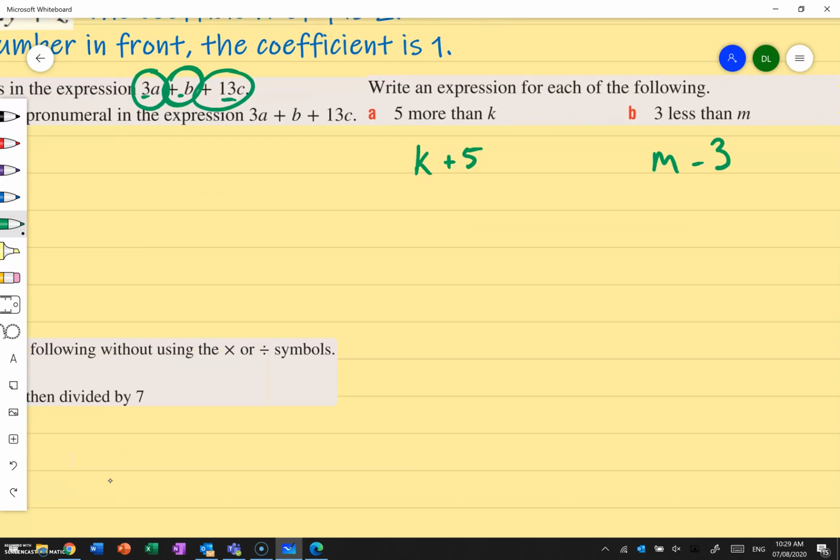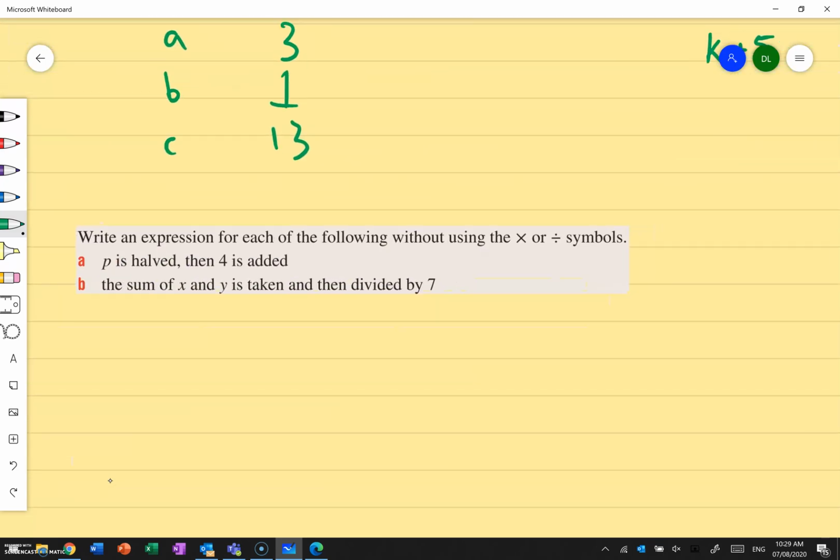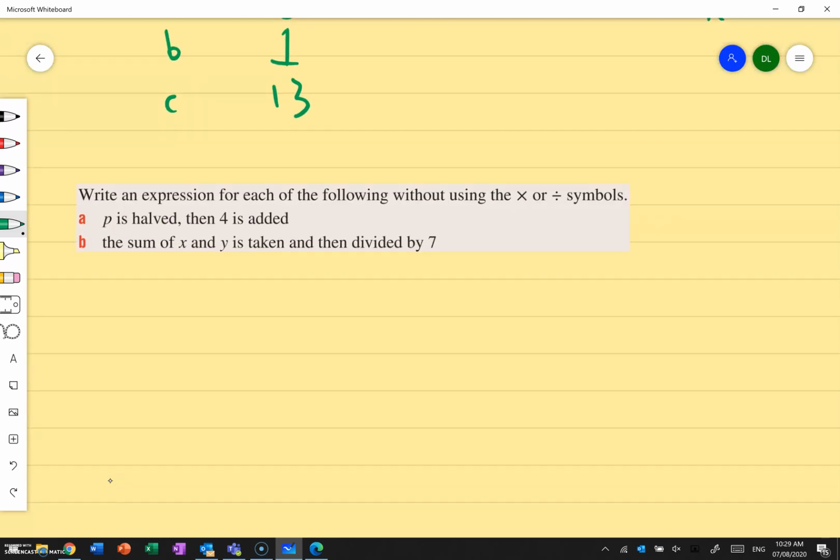All right, this one over here, we have to write an expression for each of the following without using multiply or divide symbols. All right, so for A, p is halved, then 4 is added. So it says then 4 is added. So let's focus on the first half of the question. p is halved. So I'm going to write p. Now, if it's halved, another way of saying halved is divided by 2.